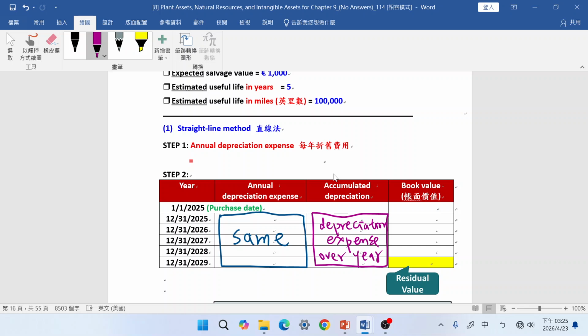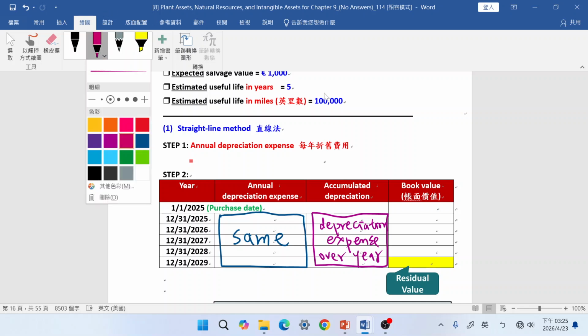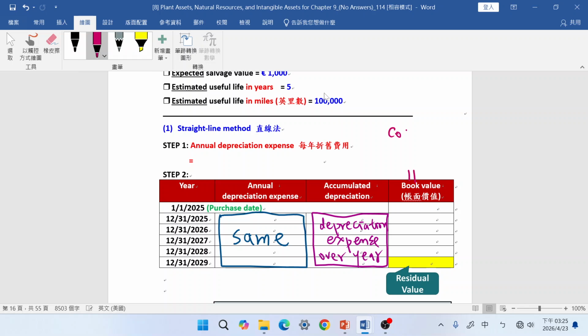After that, can you know your book value, your PPE's value for each period? Yes, right? So how do we get the book value? It is cost minus accumulated depreciation, right?